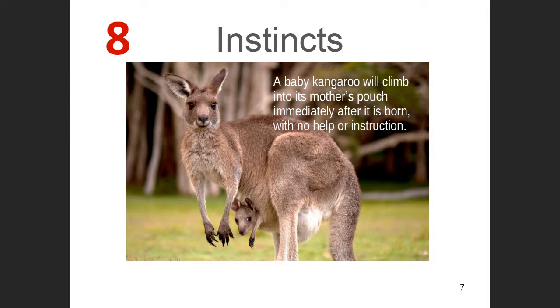They are automatic. For example, when a baby kangaroo is born, it climbs into its mother's pouch, and that's an immediate response. That Joey didn't get taught to do that. It just does it. The mother doesn't coax it to come into her pouch. The Joey just jumps in there.